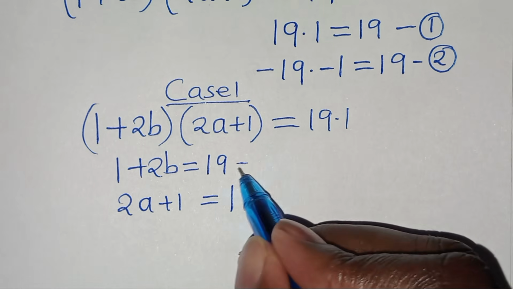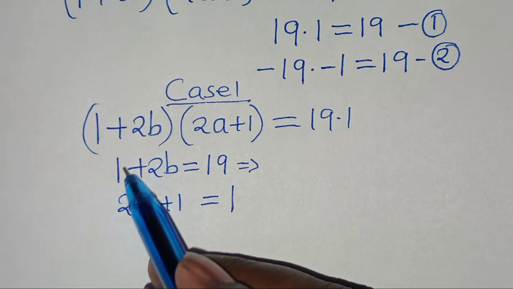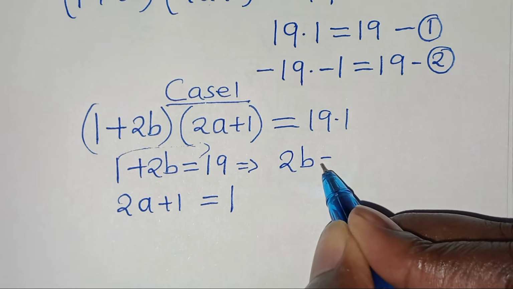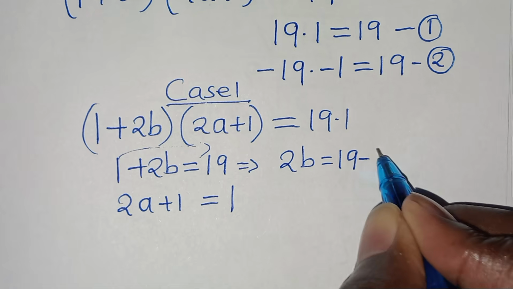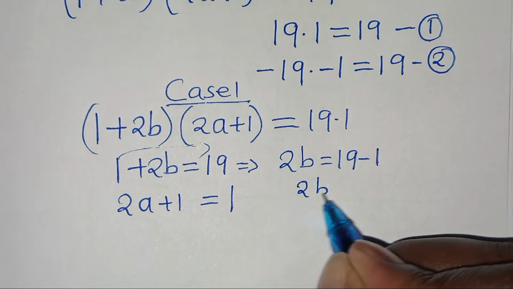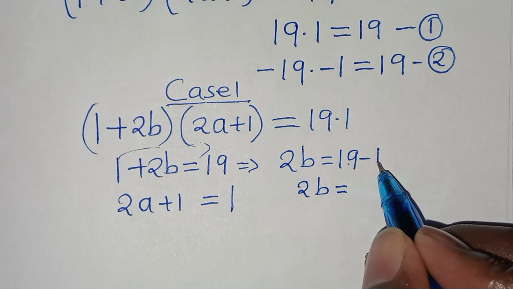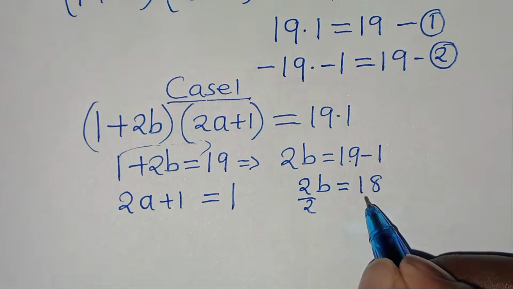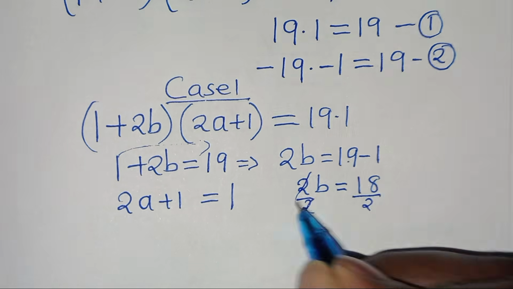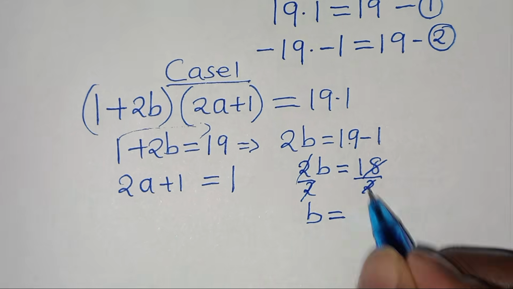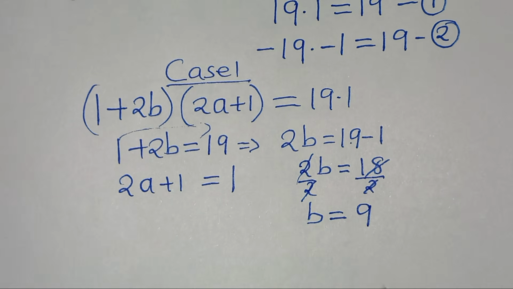What this implies is that we can take 1 on the right hand side, so that we have 2b equal to 19 subtract 1, which is 18. So let's divide both sides by 2, and this implies that b is equal to 18 divided by 2, which is 9. So we have the value of b as 9.